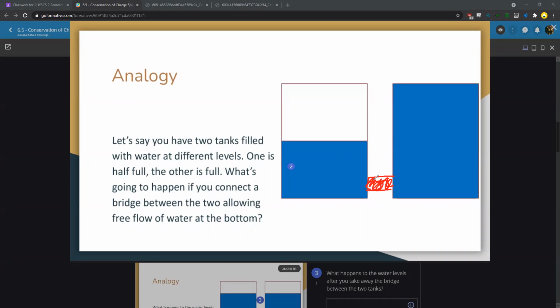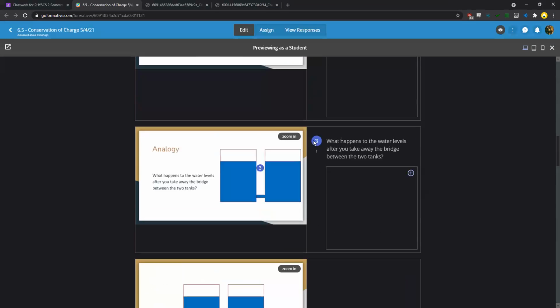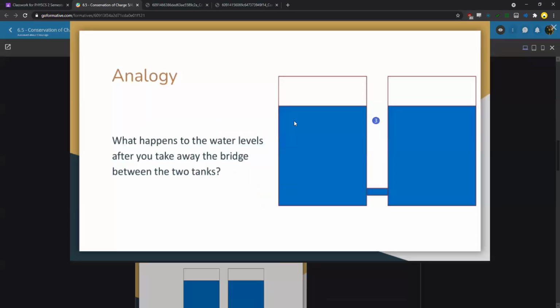What are the water levels going to be? They're going to be equal. Like the water levels will be equal. I feel like this is something you guys intrinsically know, just by the fact of growing up in this world. It's not really something that needs to be taught to you.